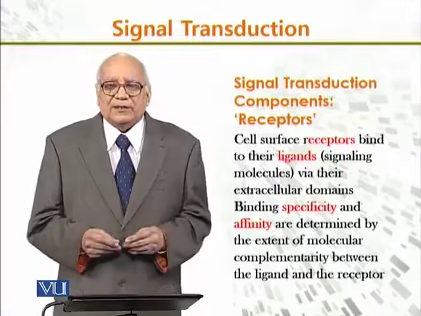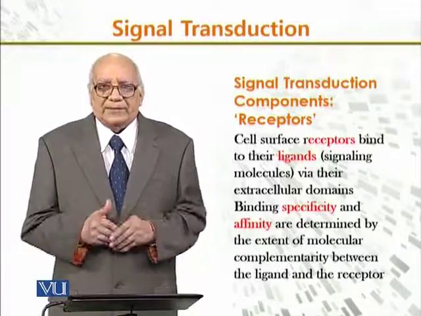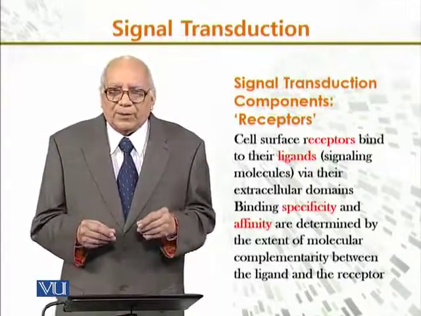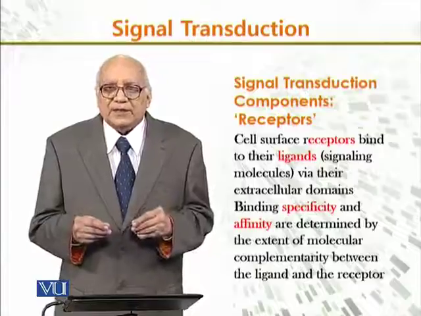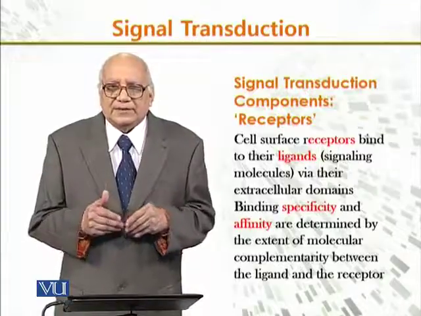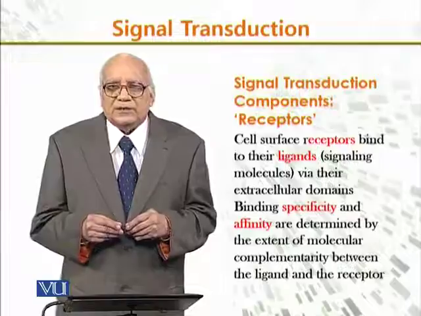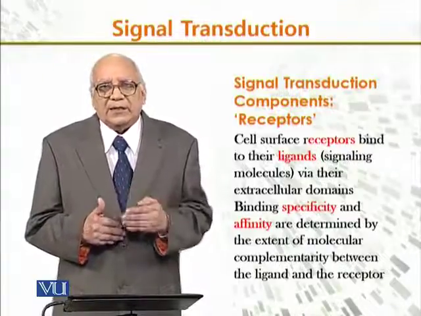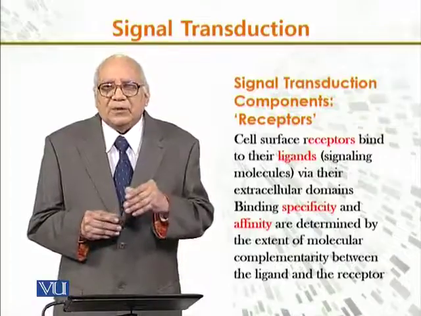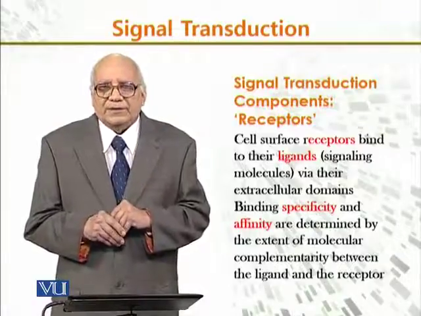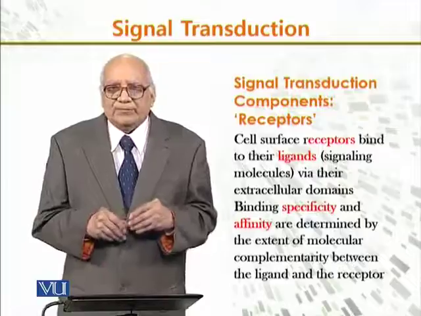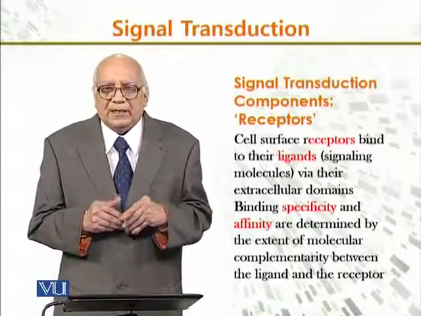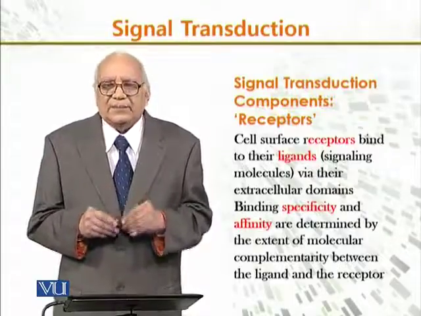Signal molecules are known as ligands, and they are bound to the receptor via their extracellular domains, because the cell develops the receptor on the surface of the cells, and binding specificity and affinity are determined.